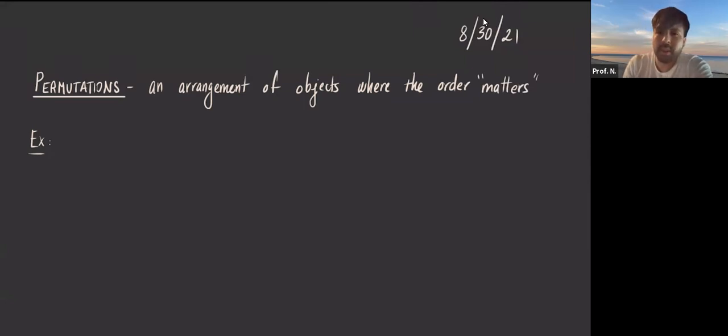So we'll discuss a bit more what it means for order to matter. And then this will appear again where we're going to be considering arrangements of objects where the order does not matter. And those are called combinations.